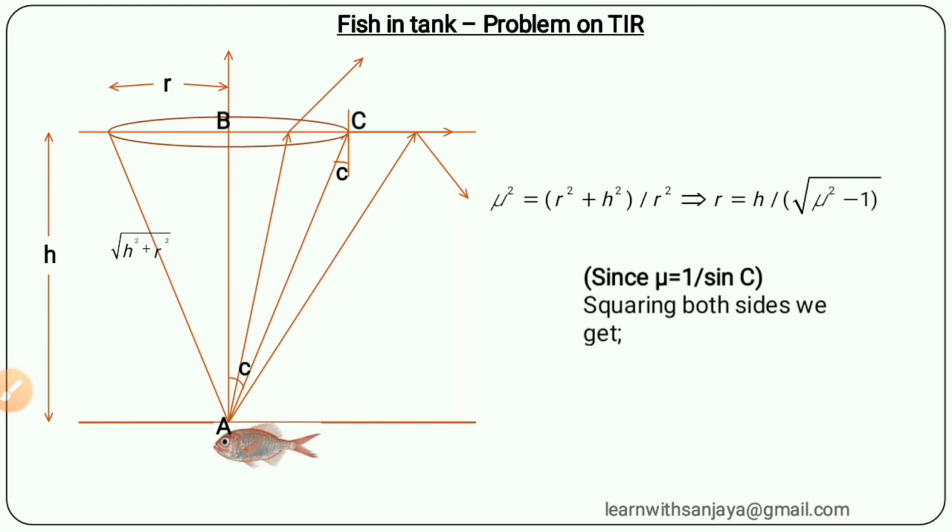We know that, right? Since mu is equal to 1 by sine C, and from the right angle triangle we can clearly see that sine C is equal to r divided by root under h square plus r square. We can square both sides, which ultimately gives r is equal to h divided by root under mu square minus 1. This we get when we take the root on both the left hand side and the right hand side. Hope this is crystal clear.